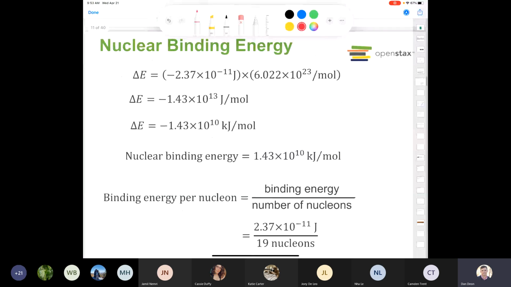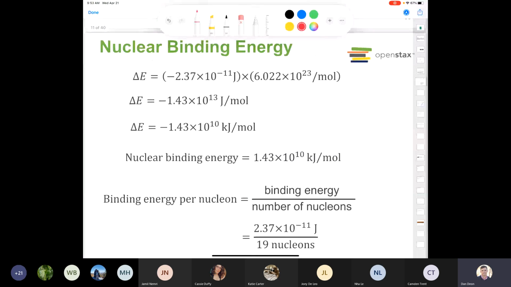So we take that value and we multiply it by the fact that we have Avogadro's number of nuclei in 1 mole. Then we get 1.43 times 10 to the power of 13 joules, or look at this, holy moly, negative 1.43 times 10 to the power of 10 kilojoules per mole.